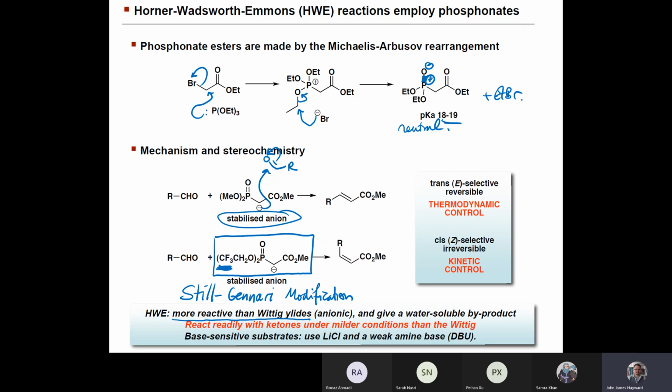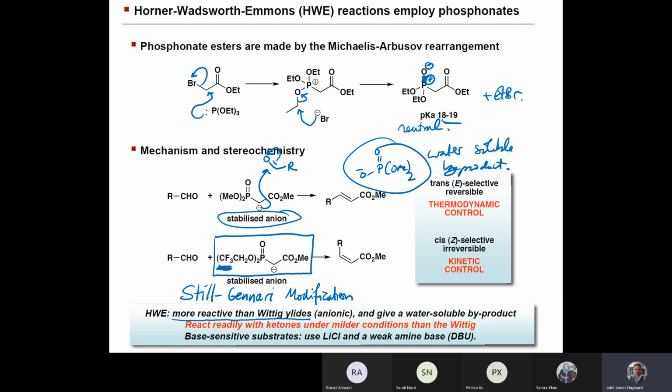Okay, it also gives a product which is shown here, and that is water soluble. Water soluble byproduct, and that's typically a lot easier to get rid of than the triphenylphosphine oxide that you get with a Wittig reaction.